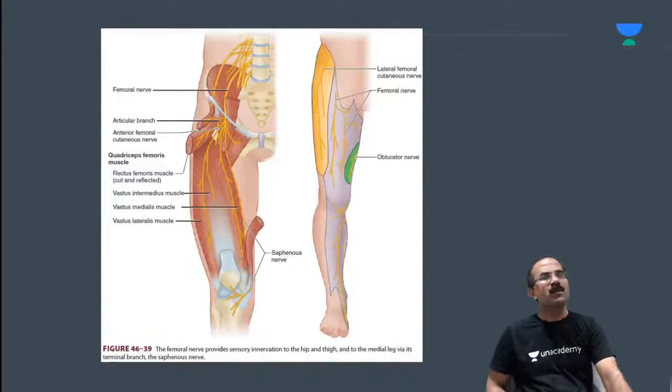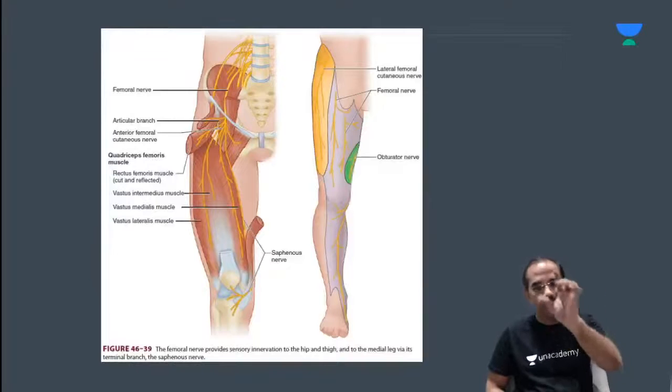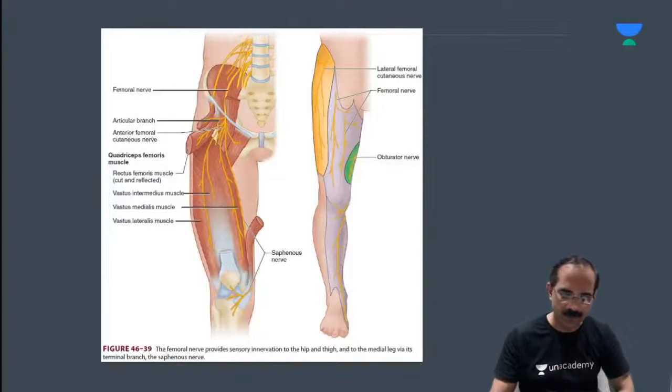What is the root value of femoral nerve? The root value of femoral nerve is L2, L3, L4. Tell me, any nerve is formed by what? It is formed by the ventral ramus. Okay, I'll just make this for you.